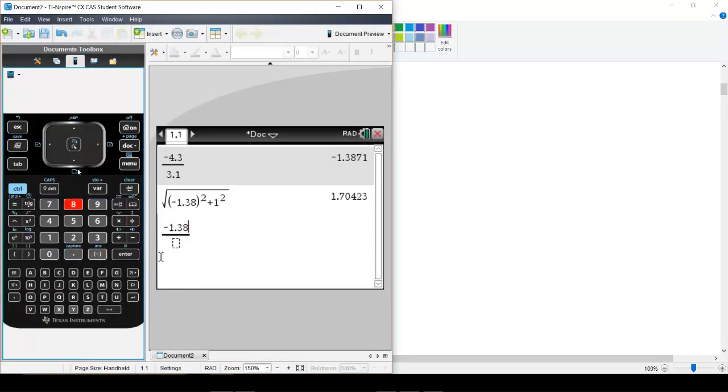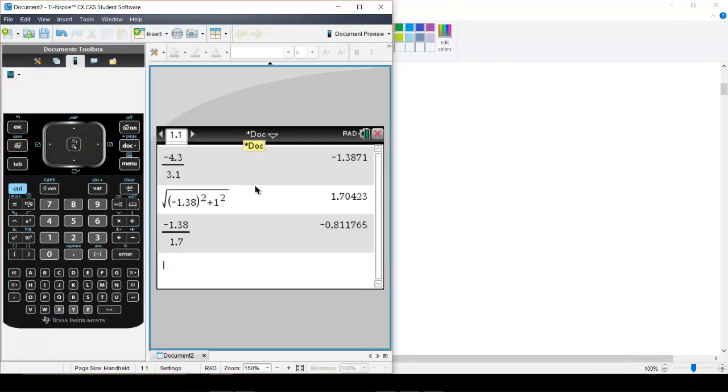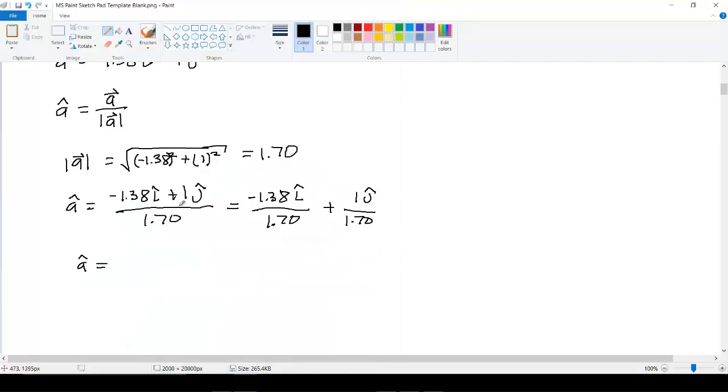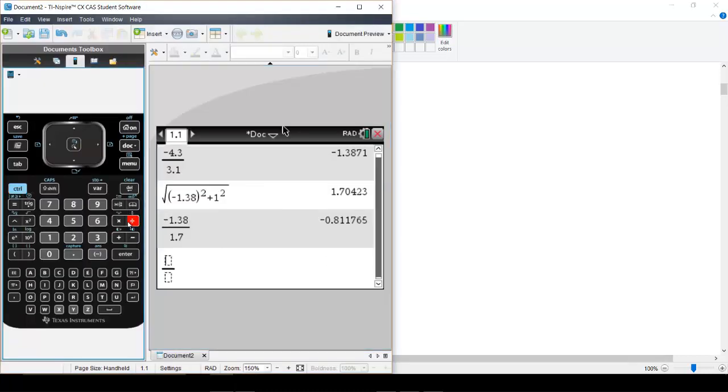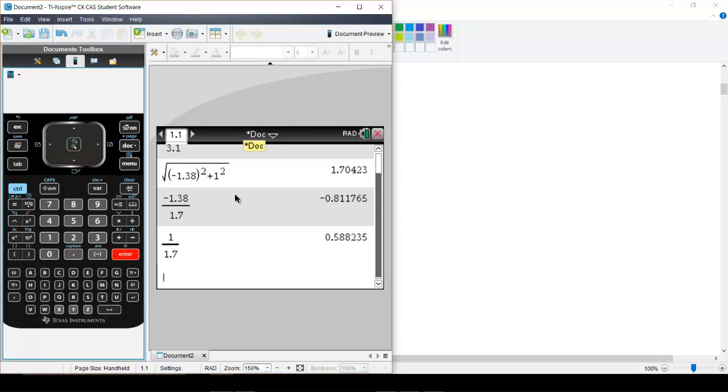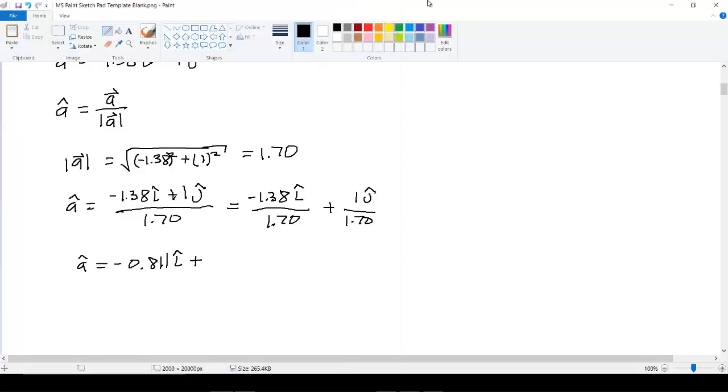So minus 1.38 over 1.70. So it's minus 0.811 times i hat, nothing happened to that, plus, and then it'll be 1 over 1.70. So that's 0.588.